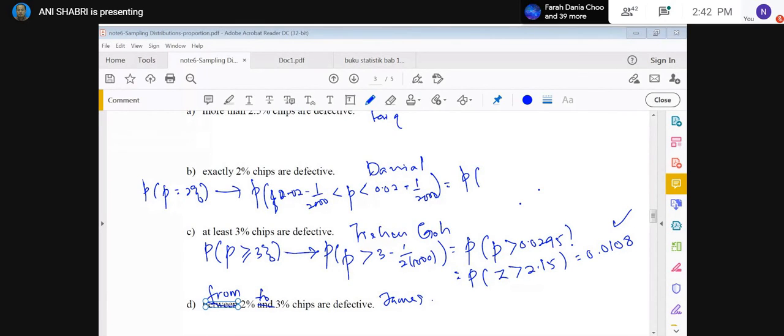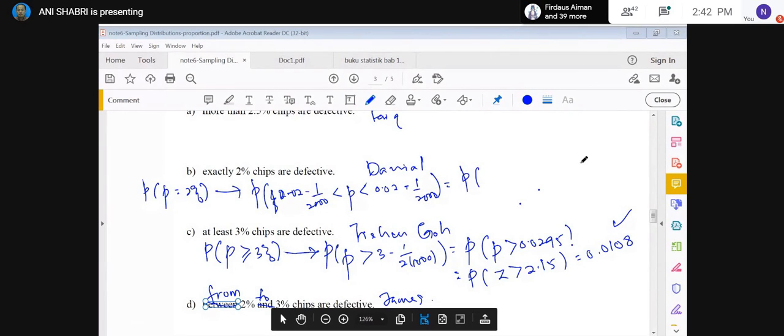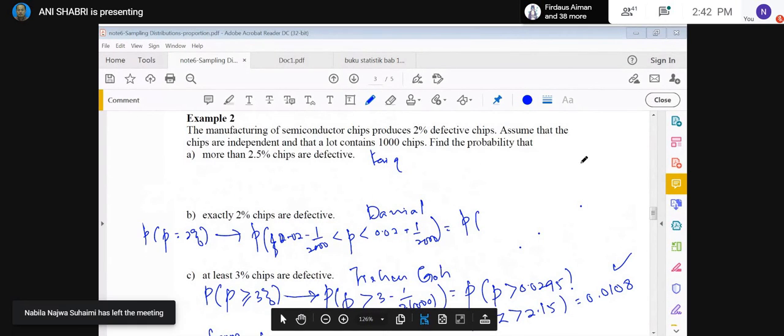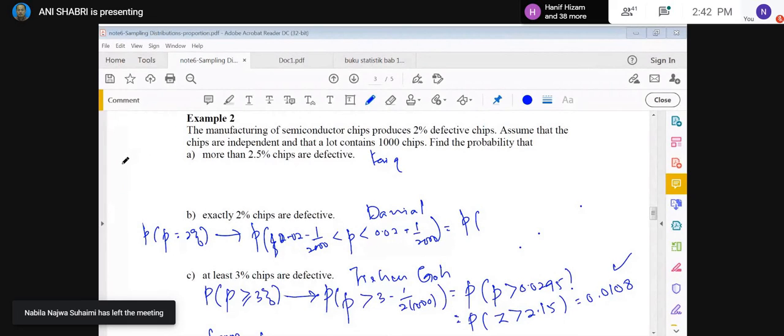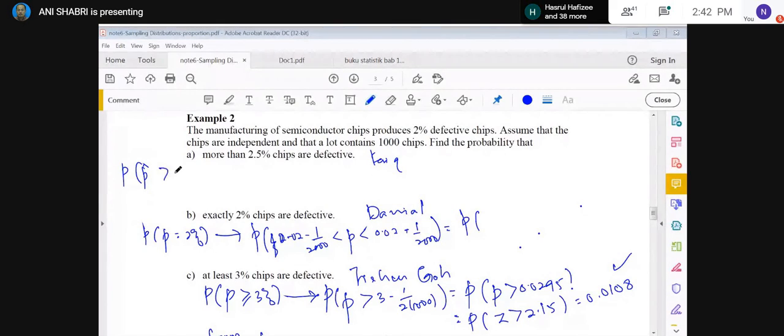Muhammad Afiq nombor apa ni? Nombor A. More than, Muhammad Afiq. P more than 2%, 25%. It is equal P greater than 0.025 plus 1 bagi 2000.